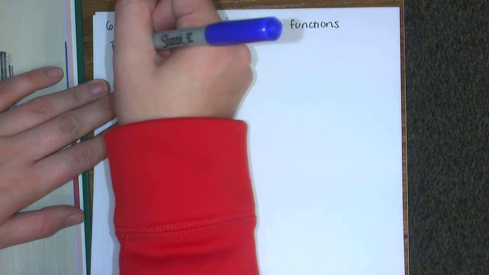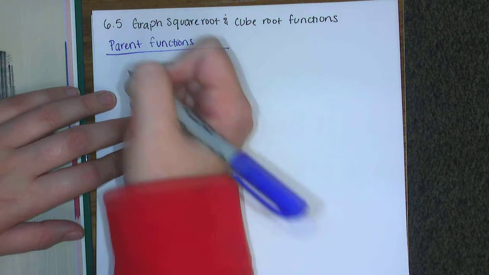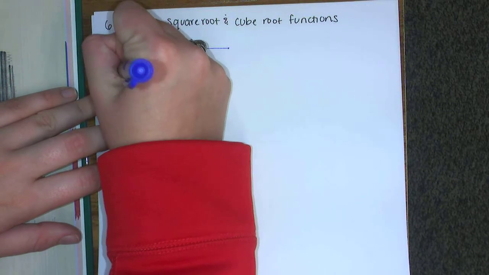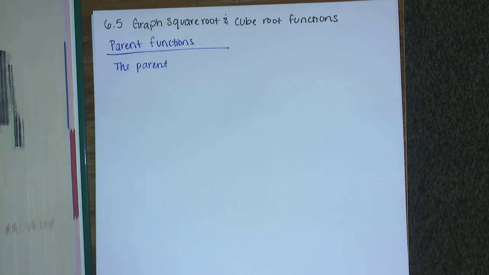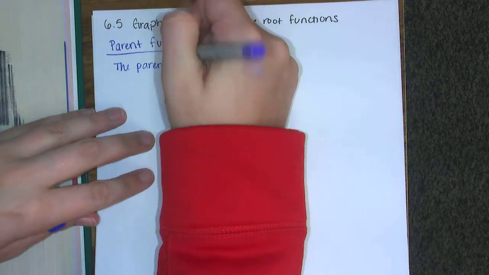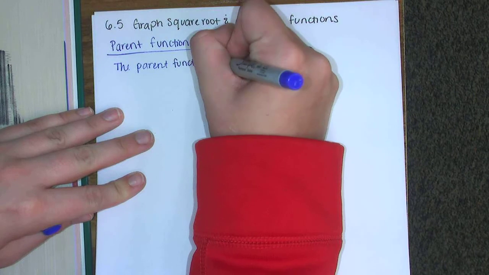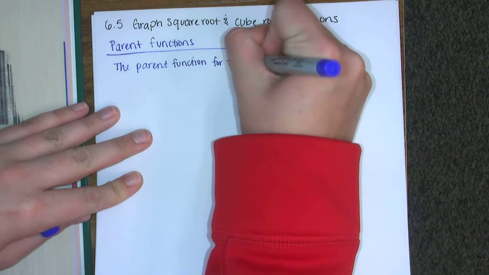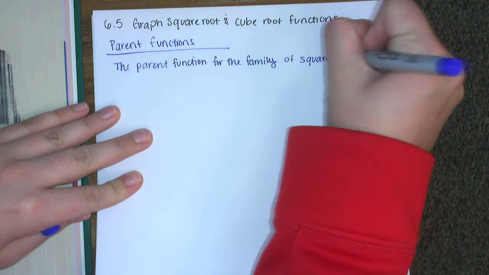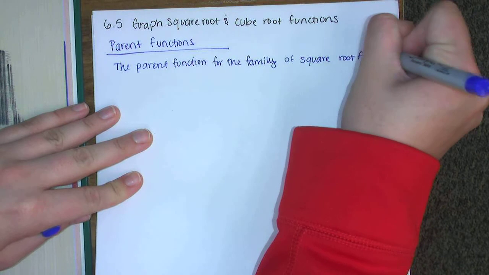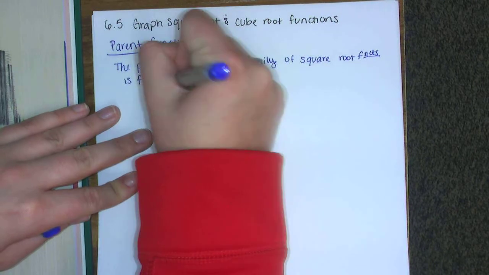So the parent functions for both. The first one, the parent function for the family of square root functions is f of x is equal to the square root of x.